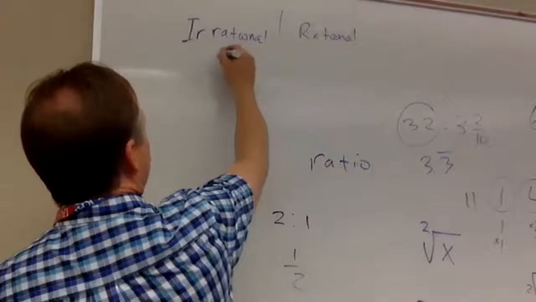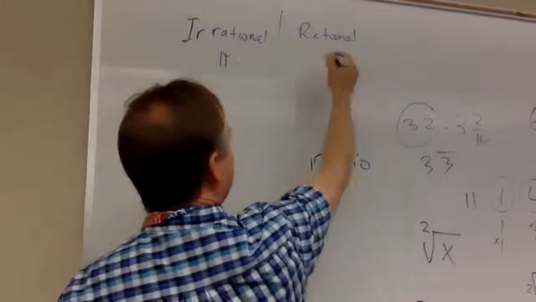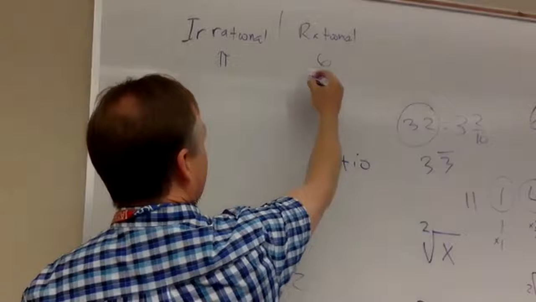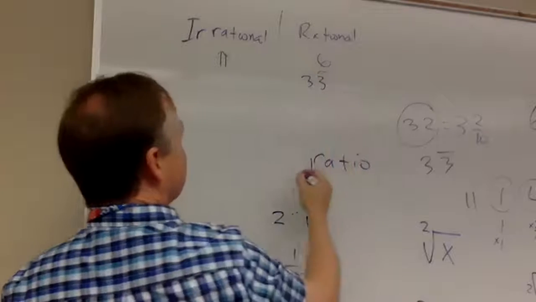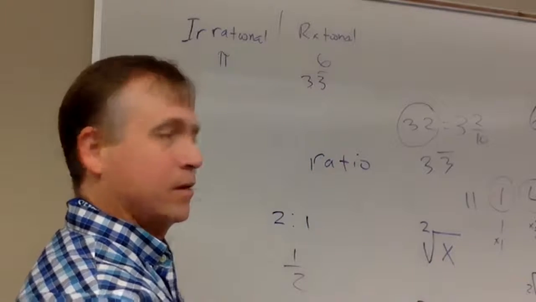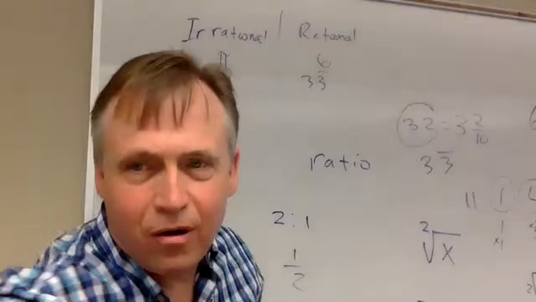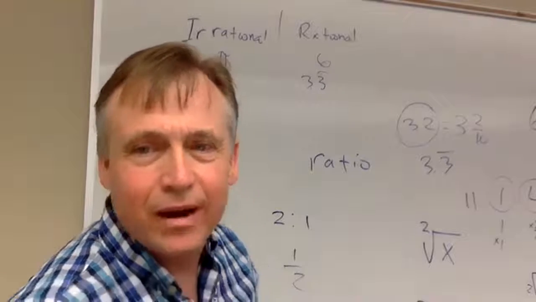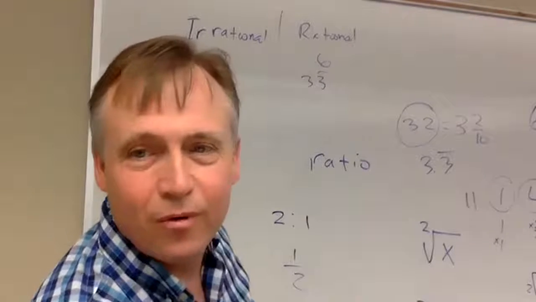So irrational, we said pi. Rational, we said 6. Rational, Connor said 3.3. What's another irrational number we could put over here? Nicole put it in the chat box for you. Nicole does not repeat. Okay. 3.1467.